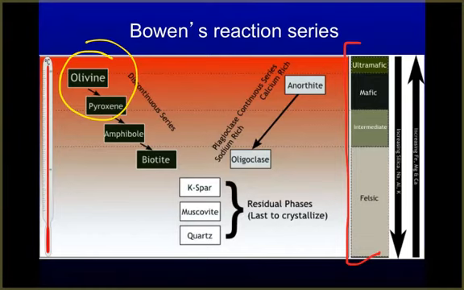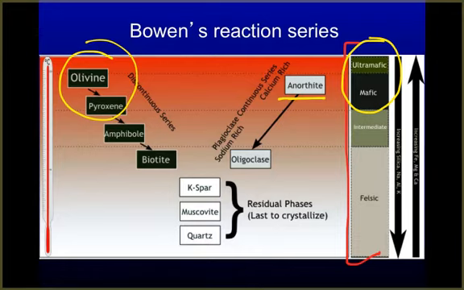And maybe you can use the Michel-Levy method to establish the calcium content of the plagioclase, let's say the larger plagioclase microlites, and you can see that it's calcium rich. Well, that is really helpful because then you're looking at a mafic or ultramafic rock.